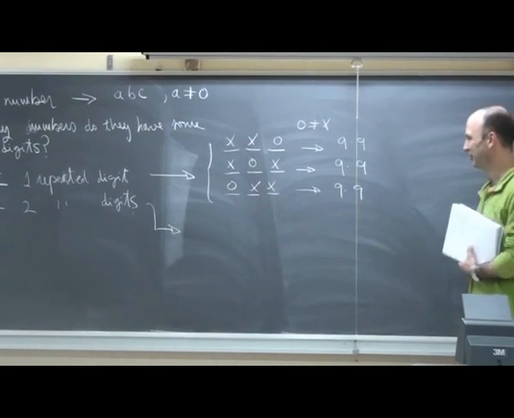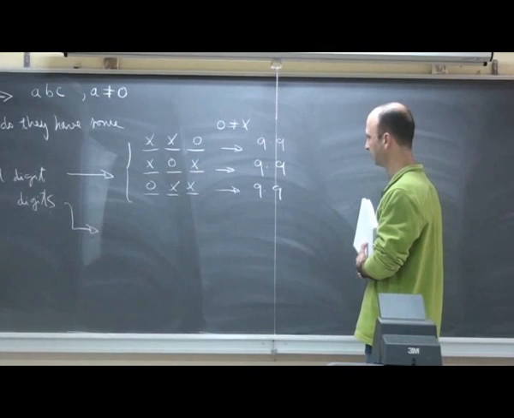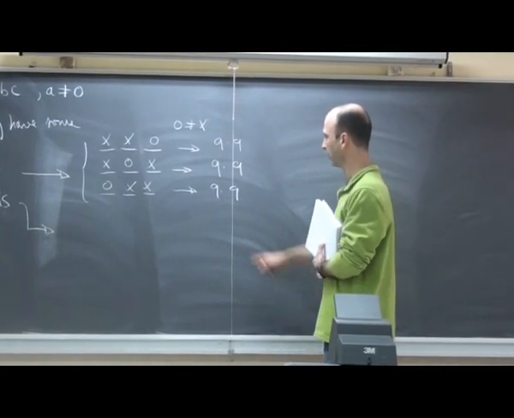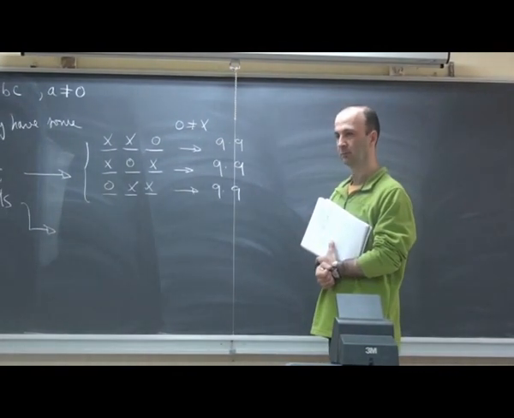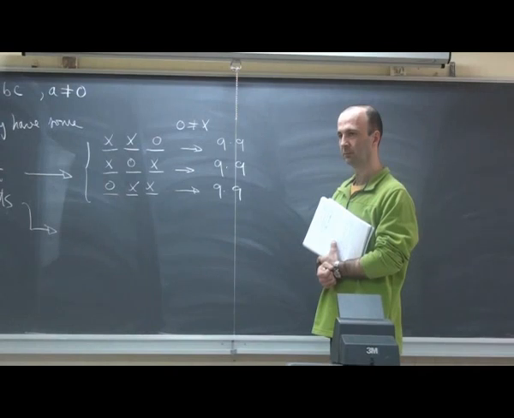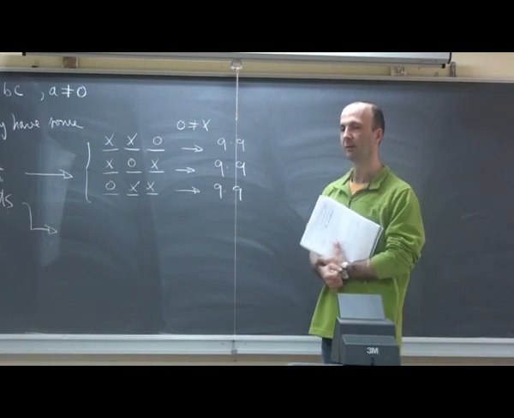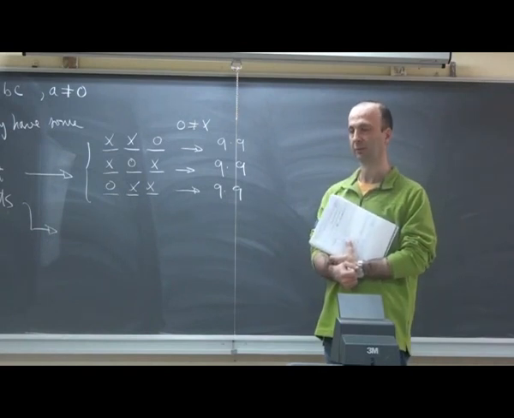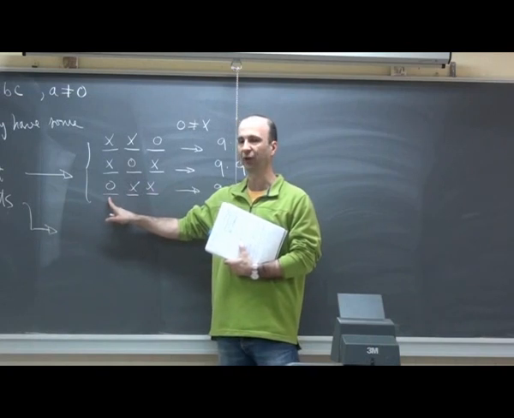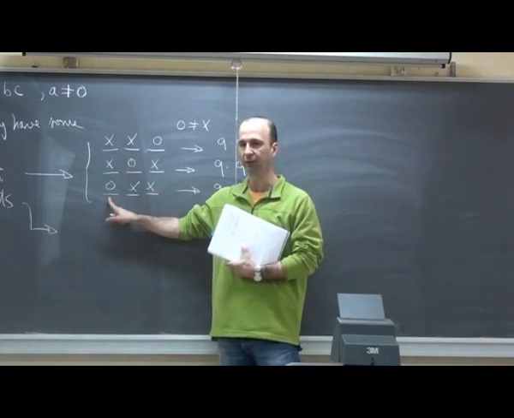Wait. The circle wouldn't be 0? No, because I rolled 9. Yeah, it requires a little thought. Here I have 9 possibilities because I can't use 0.